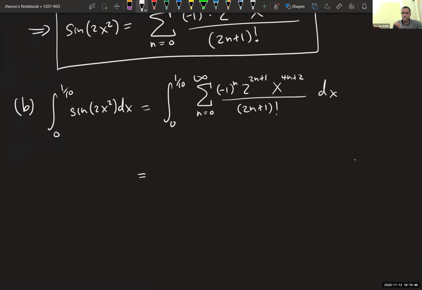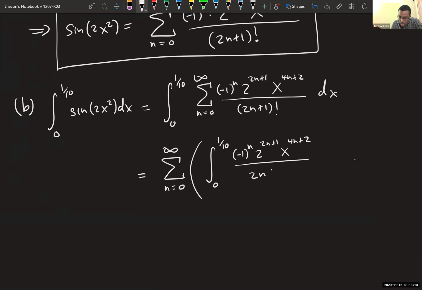Then that's just the integral of an infinite sum, but we know that this is just the infinite sum of integrals because we have the commutativity of addition for absolutely convergent series. So I can switch the series and the integral. I can do that because of absolute convergence.